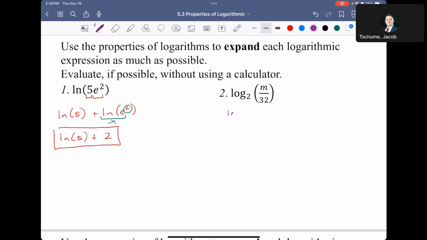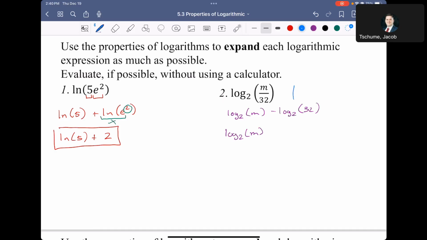So I would write this as log base 2 of the top, which is m, minus log base 2 of the bottom, which is 32. Now, when you look at both of these terms, can you simplify them any further? The first one you cannot, since log base 2 of m has a variable in it.